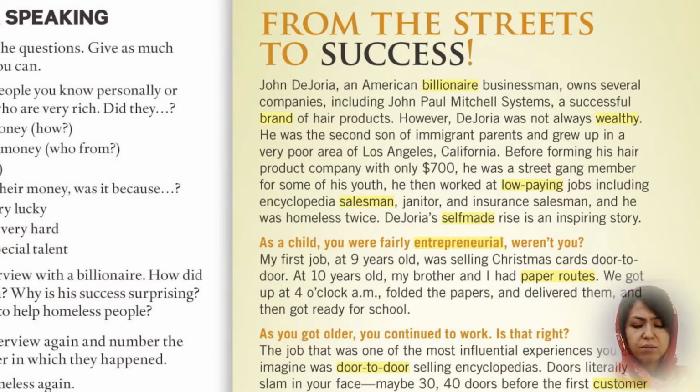Salesman, like a person who sells something. Janitor, a person who gives service in a special place like apartment like this and takes care of all the services there, or at school. And insurance salesman. And he was homeless twice.